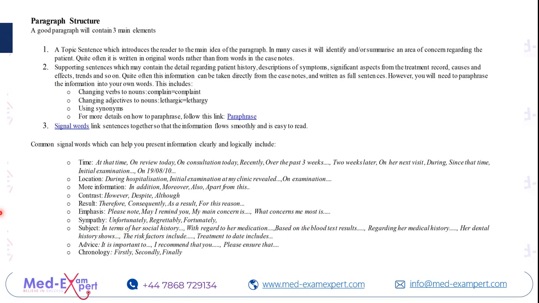So these are all the words which add to your language scores. Okay, your use of connecting words and your use of cohesive words. Okay, in order to follow the chronological order, although that's not important, firstly, secondly, and finally, but this is very rare to use. We don't advise using this. And in terms of advice, it is important to do that. I recommend, or I have recommended, kindly recommend, kindly ensure that, kindly motivate the patient, kindly encourage the patient. These are the words that can be used for advices or requests.